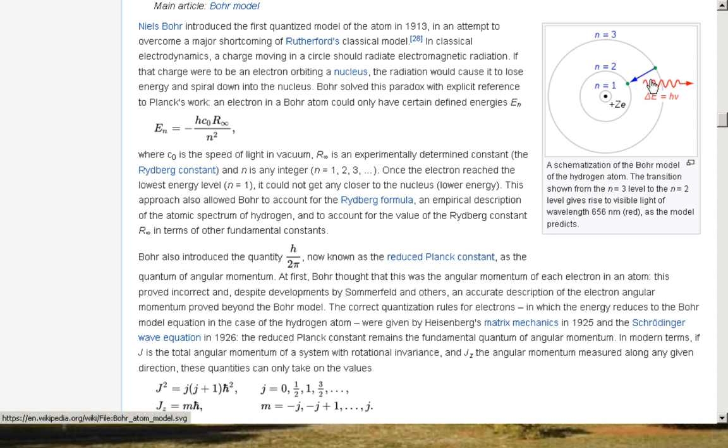Here's discrete energy levels in this upper right-hand corner. When an electron jumps shells, a photon is emitted. That change in energy is equal to the frequency times Planck's constant. That energy level can be measured as Fourier transforms.